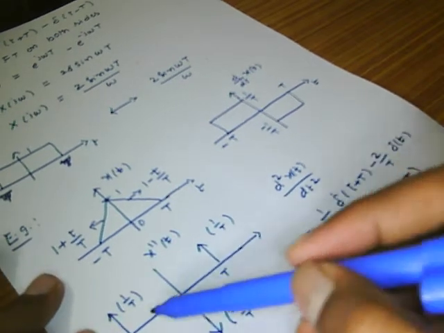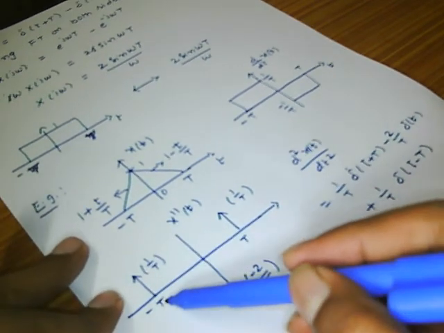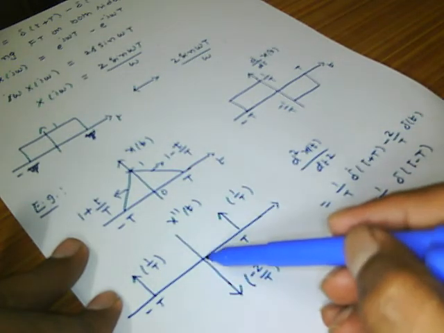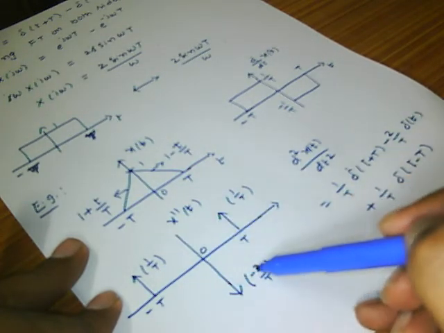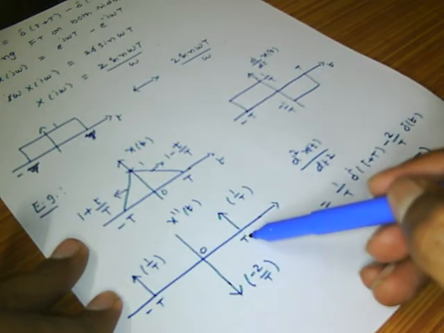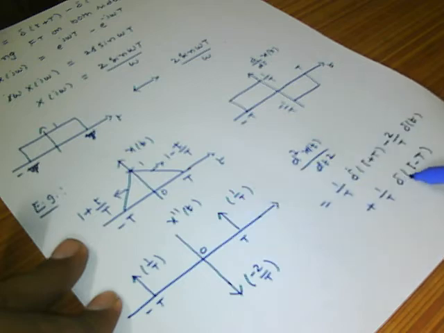I have a Dirac delta at minus T of strength 1 by T, that is this fellow, and a Dirac delta at 0 of strength minus 2 by T, and that is this fellow, and another Dirac delta at T with strength 1 by T, and that is this fellow. So that is okay.